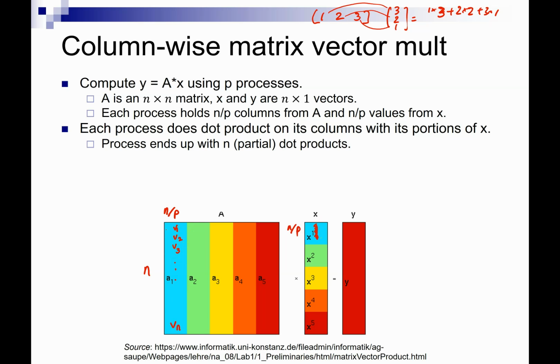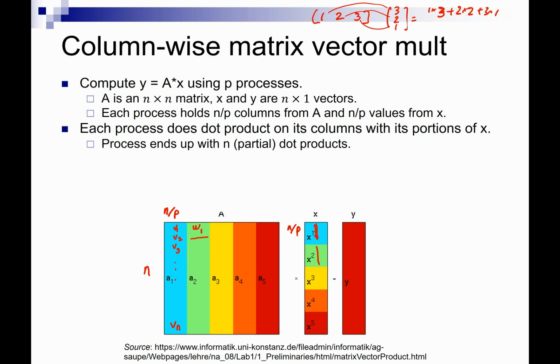Now the second process is going to do the same thing. It's going to take its first row of n divided by p values, and multiply it by these green values of x over here. That's going to produce a value, let's call it w1.